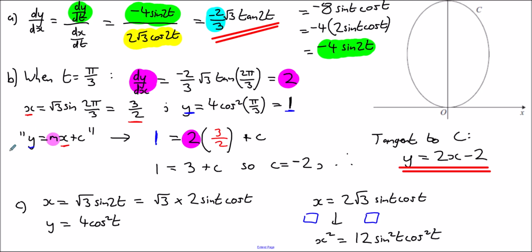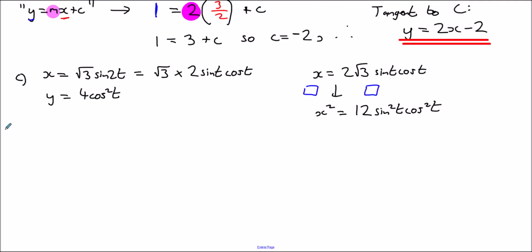And now what we can think about is what y is equal to. So y is equal to 4 cos squared t. And so what I can say here is that x squared is equal to 3 sine squared t multiplied by 4 cos squared t.